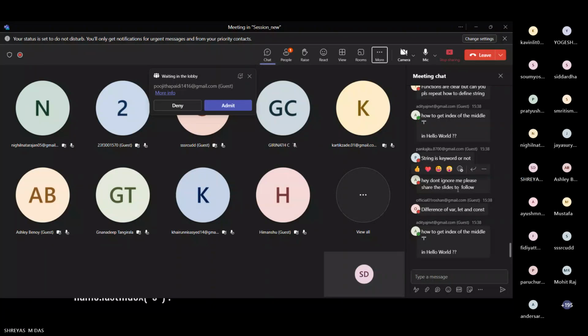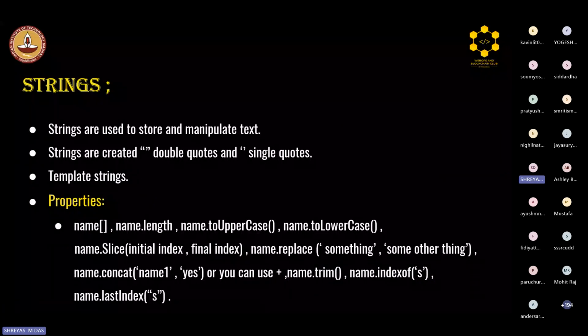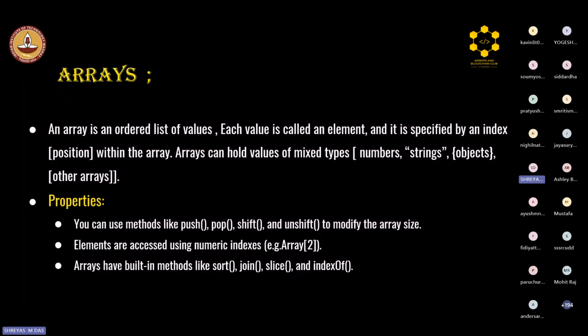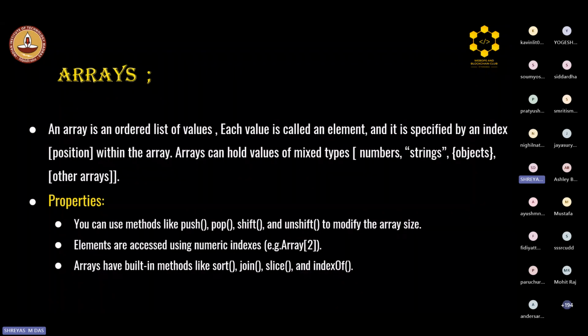Okay, so let us get into the next thing, arrays. An array is an ordered list of values. Each value is called an element, and it is specified by an index position. An array can hold values of mixed types: numbers, strings, objects, and even other arrays.